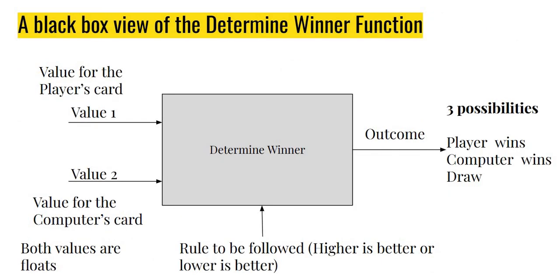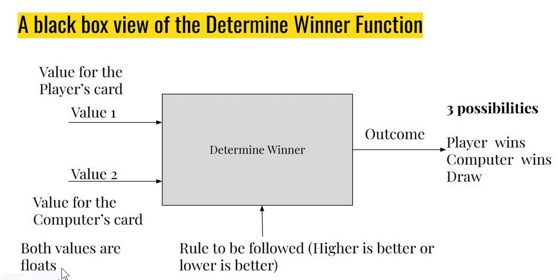Now, what this means is that if we look at our function in a black box way, what does it need to do? This function will get two values. These are the numerical values corresponding to what the player has chosen and the computer has chosen, for example height, or years to build. These two values are passed to this function. We will send both of them as floats, because they are numbers and may possibly have a decimal place.